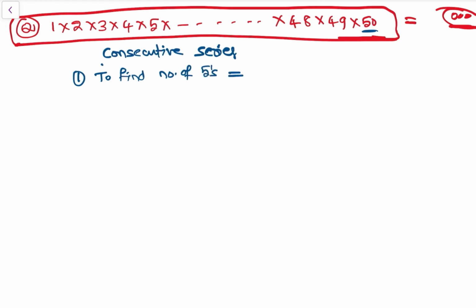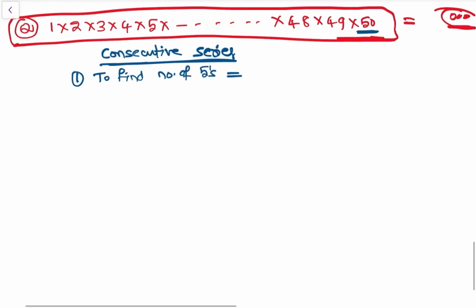So to find the number of fives in the series, you divide the last number of the series by 5. Here the last number of the series is 50. So 50 divided by 5, because we need to find the number of fives. 5 ones are 5, ठीक है, and 5 zeros are 0. So remainder 0 आता.